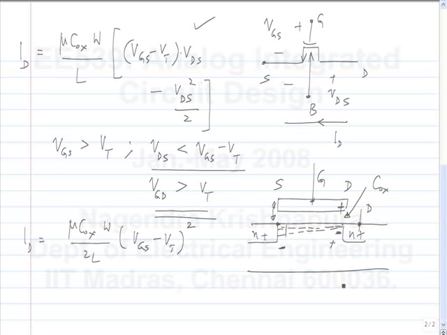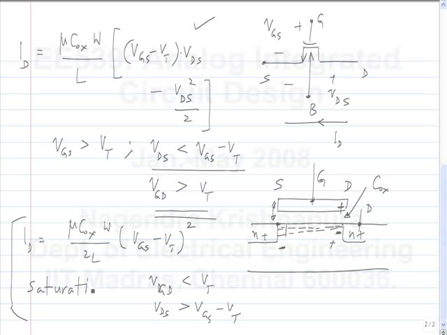This is for VGD less than VT, or VDS greater than VGS minus VT. So, this is the saturation region of the MOSFET, and it is assumed that this is also strong inversion.